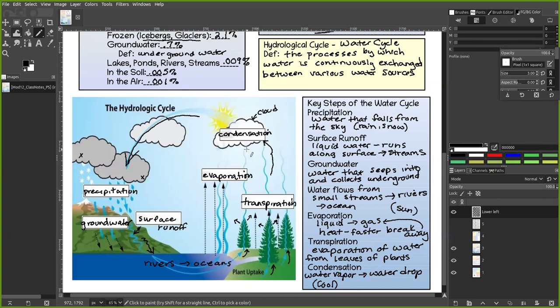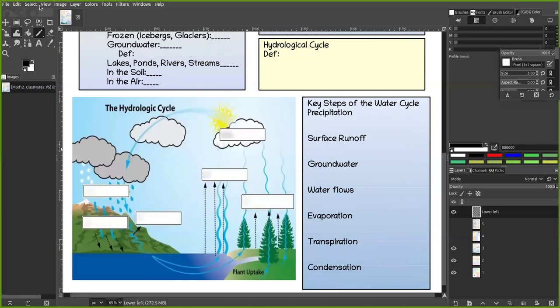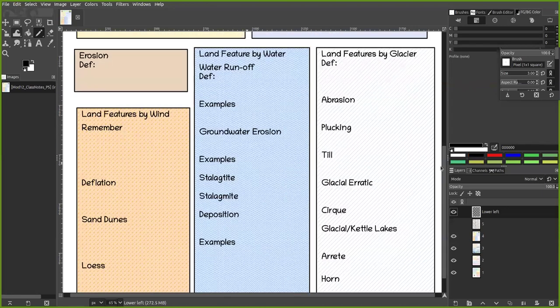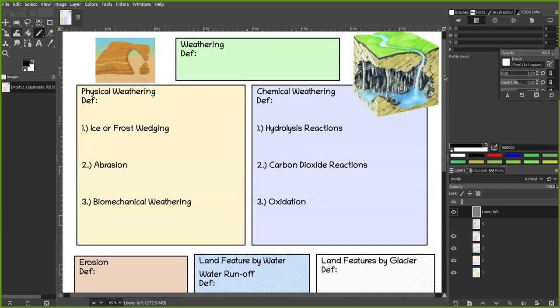The next thing that we're going to talk about is weathering and erosion. Now, weathering is simply the processes that break down rock and create sediment.